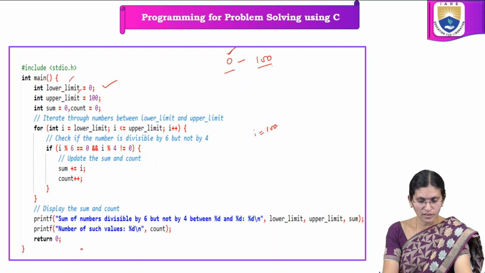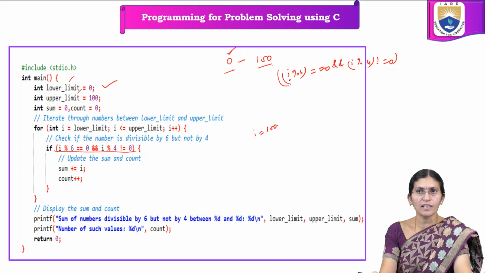This loop will repeat. Now in each iteration, the i value will be checked for this condition, whether this condition is satisfied or not. So i mod 6 is equal to 0 and i mod 4 is not equal to 0. If both the conditions are satisfied, then sum is equal to sum plus i.